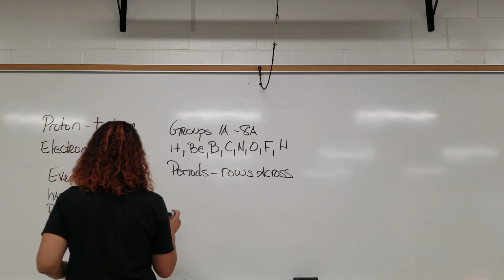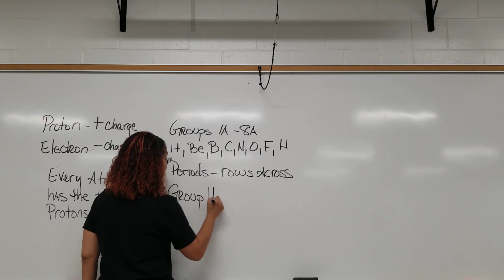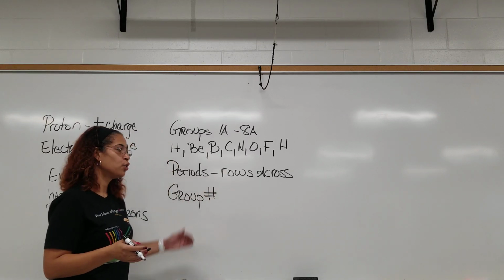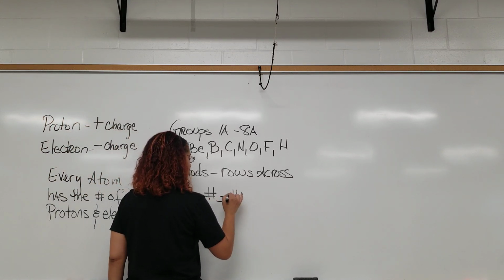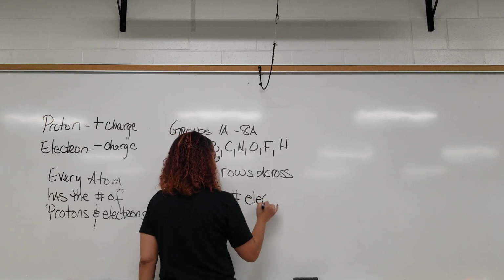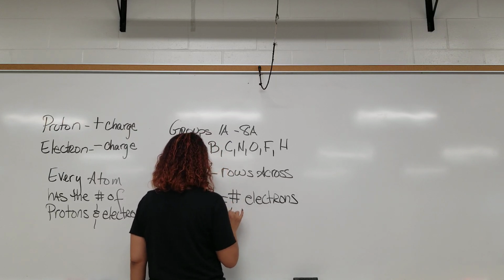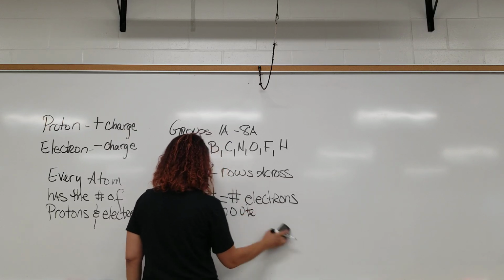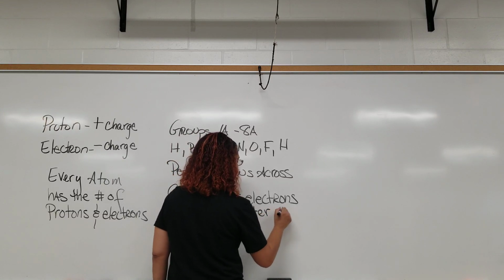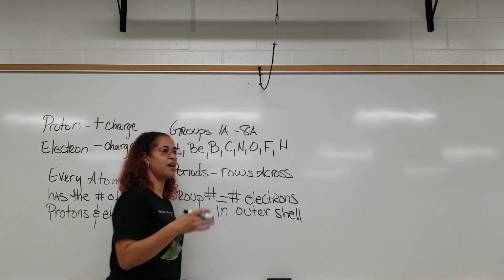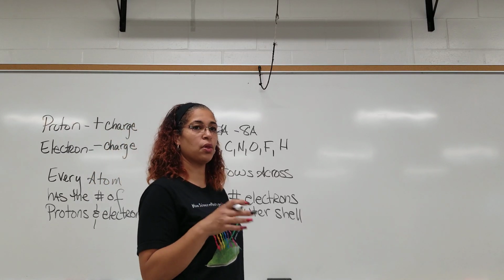Now the group that it is in, the group number, again, we're only looking at 1A through 8A, corresponds to the number of electrons in the outer shell or valence shell. Now the goal of every atom is to have a balanced outer shell or a stable outer shell.